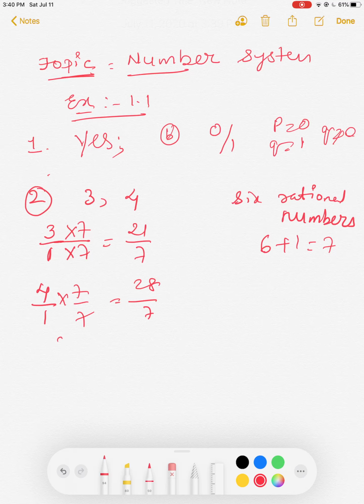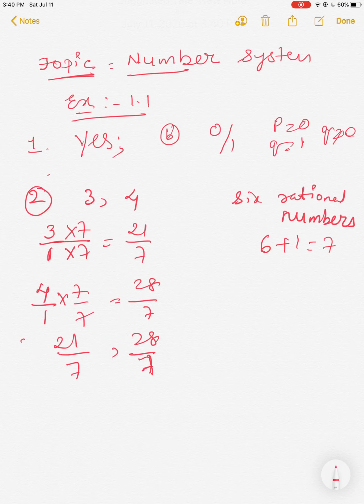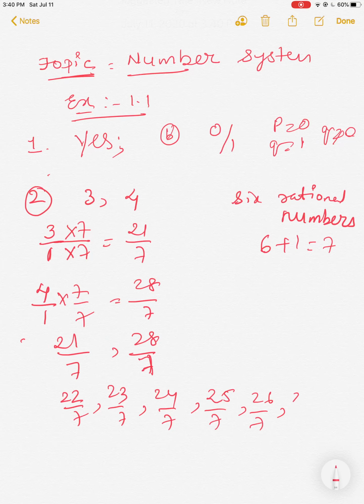Now these 2 numbers are there: 21 upon 7, which we have got from 3, and 28 upon 7. Between these 2 we have to add numbers. You should not consider these. So what are those numbers? 22 upon 7, 23 upon 7, 24 upon 7, 25 upon 7, 26 upon 7, 27 upon 7. 1, 2, 3, 4, 5, 6 rational numbers are there.